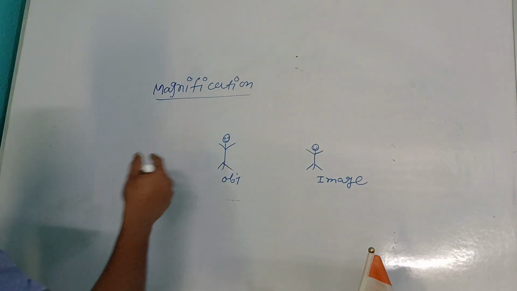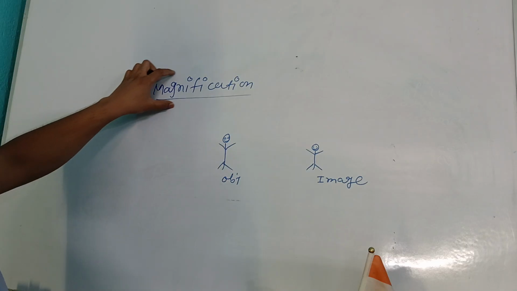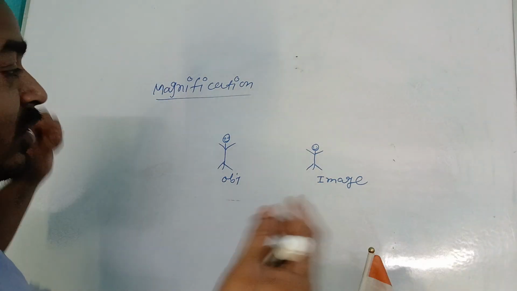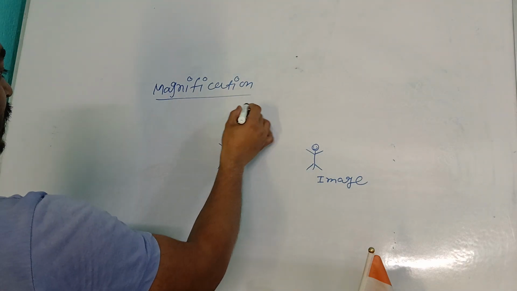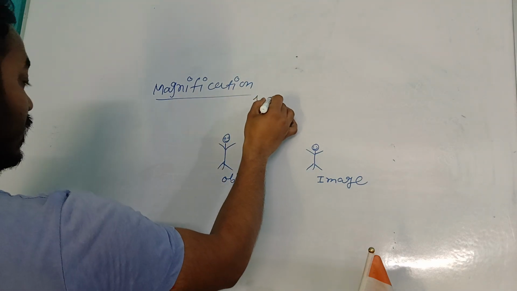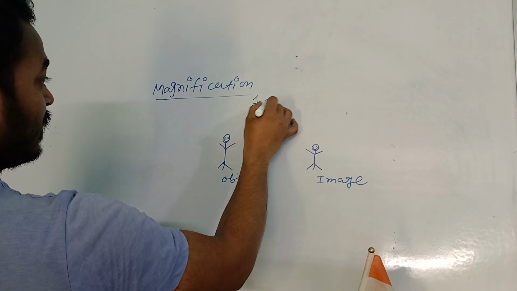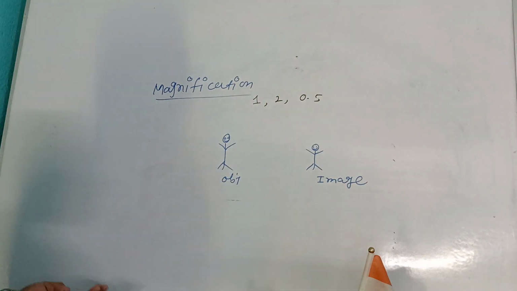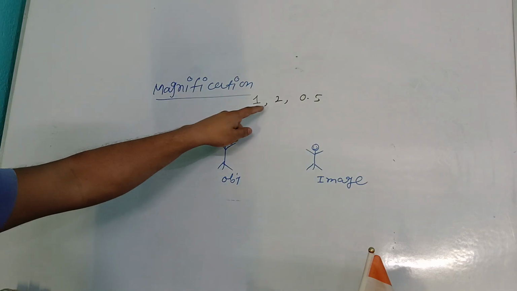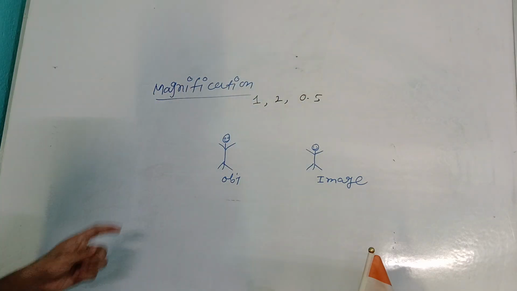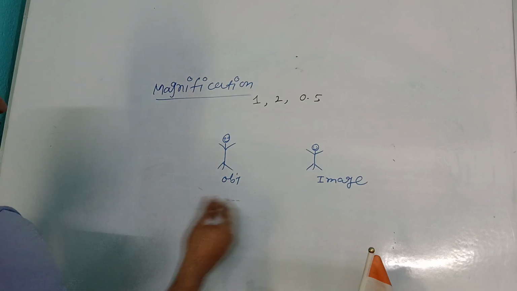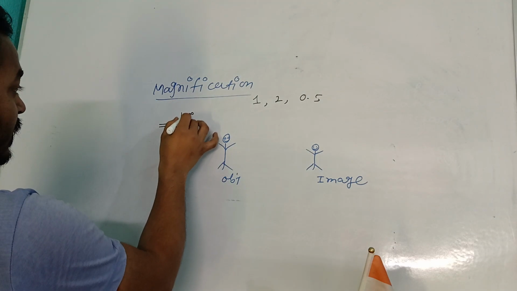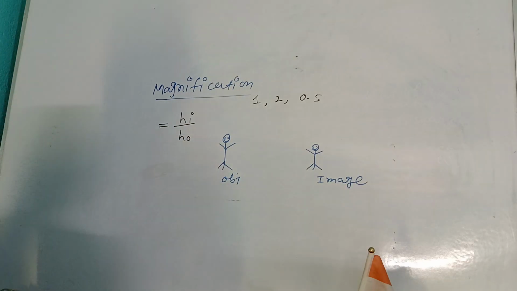So magnification basically provides the size of the image relative to the object. For example, if it is written magnification is 1, magnification is 2, magnification is 0.5, what do you mean by that? Magnification is the height of image by the height of the object.